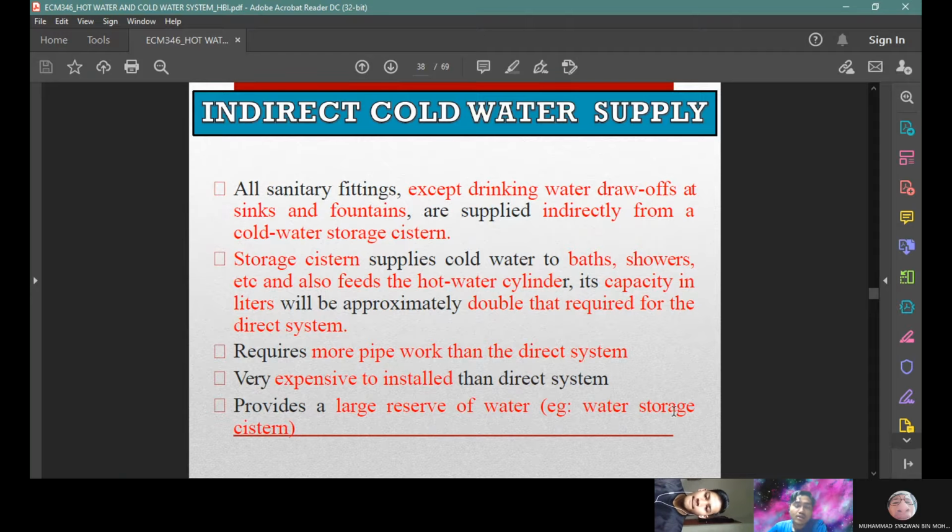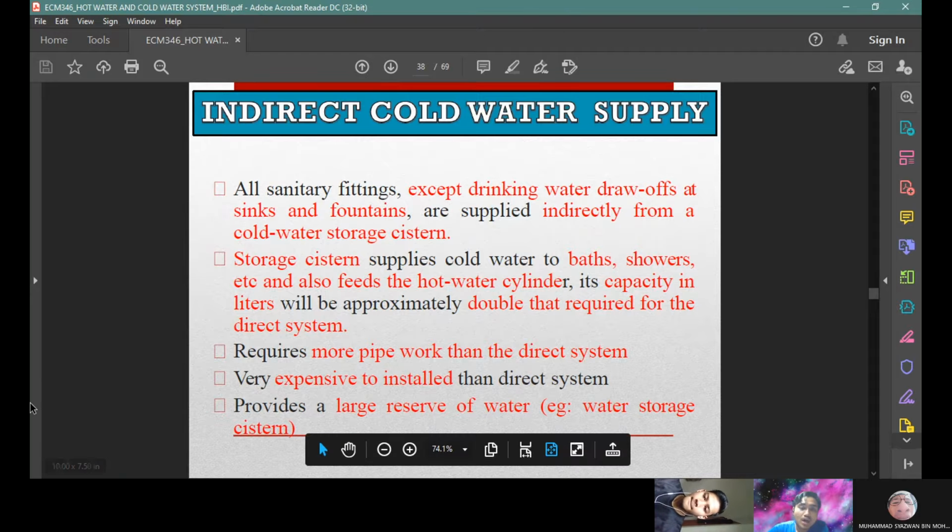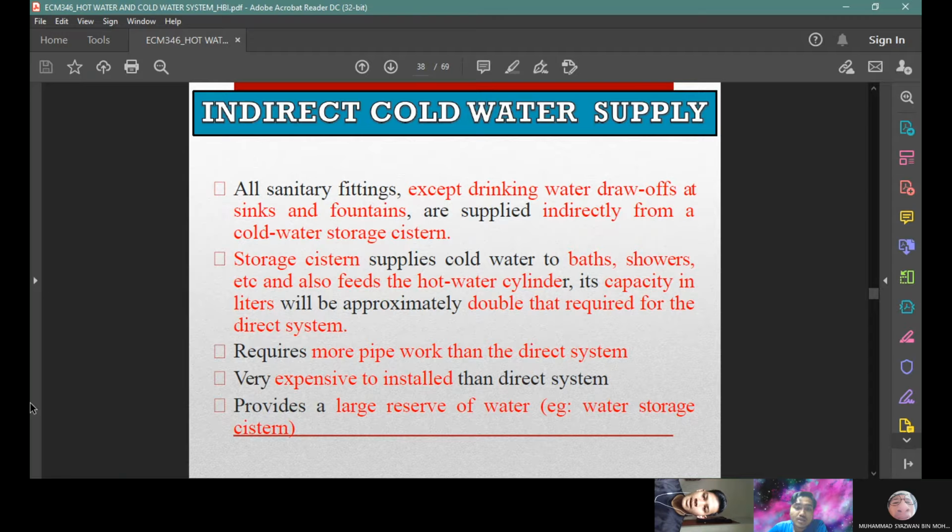For this indirect water supply, it requires more pipework than the direct system and is more expensive to install. It provides a large reserve of water, which is the water storage system.